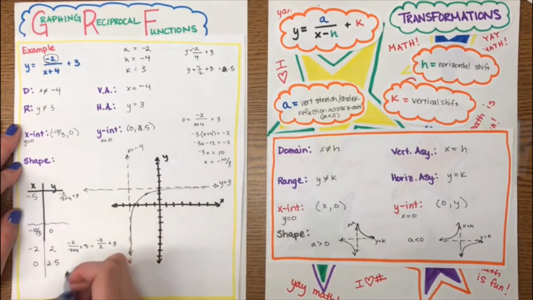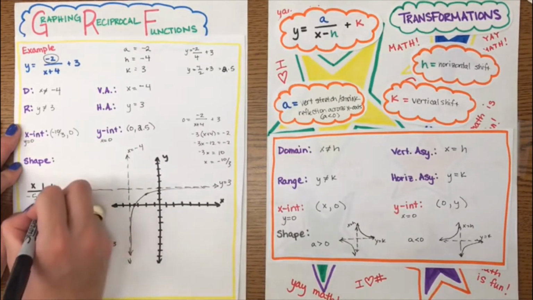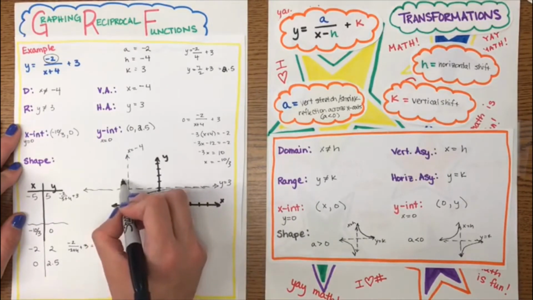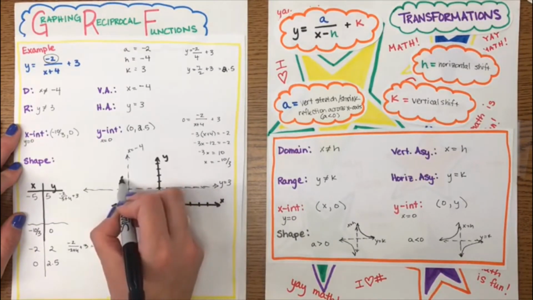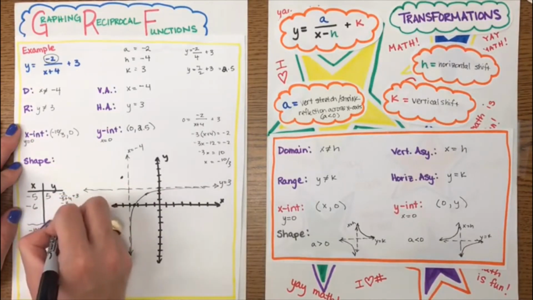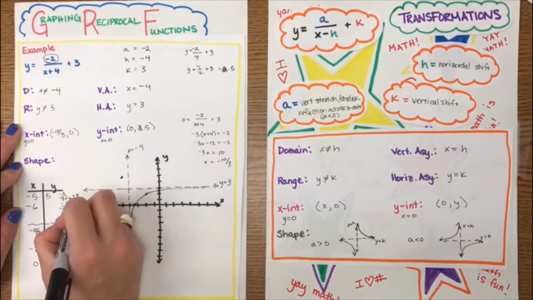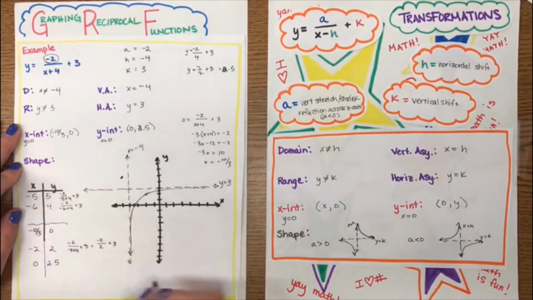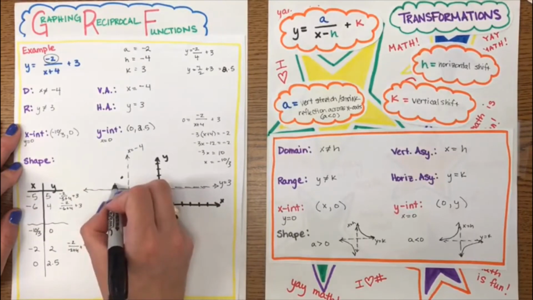This is -2 over -1, which is 2. So I'm going to get the point -5, 5. If I go -6, I get -2 over -6 plus 4, plus 3. This ends up being positive 1, so I'll have the point -6, 4.